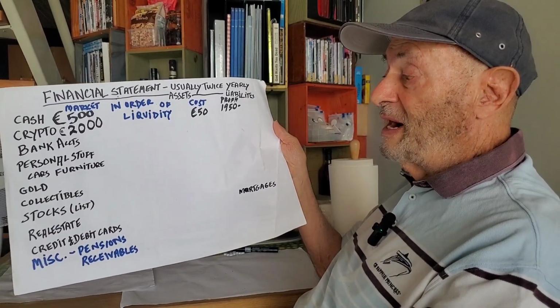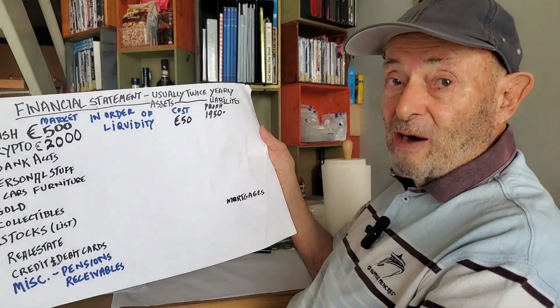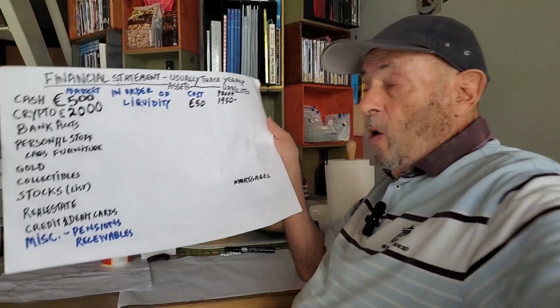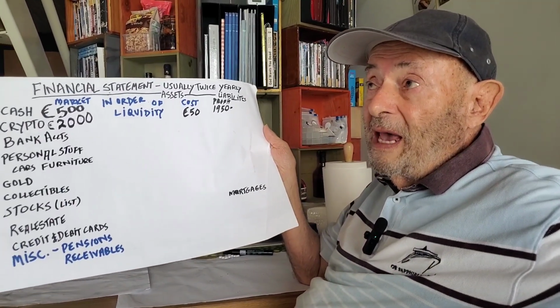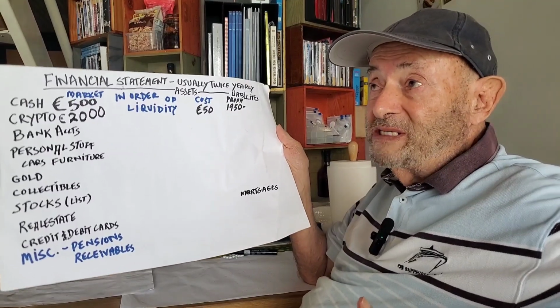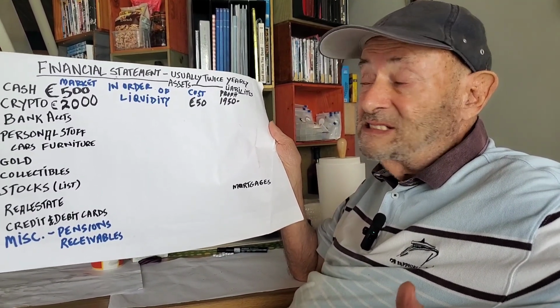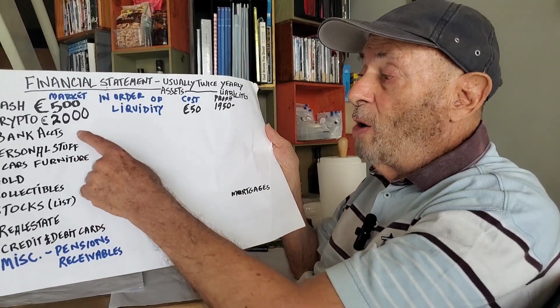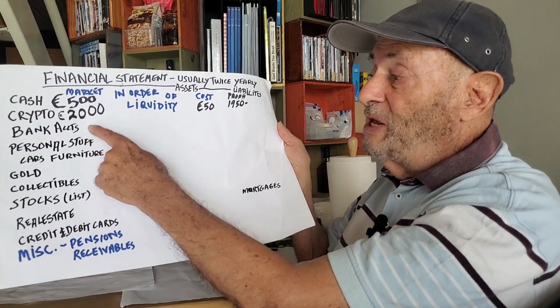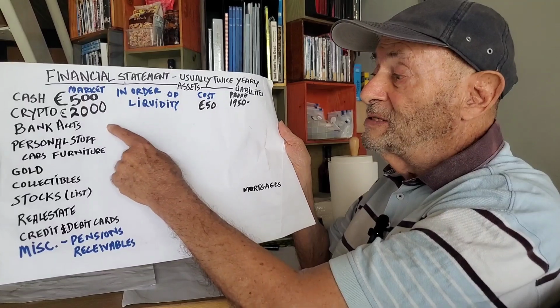Now, the next thing, usually in liquidity, is bank accounts. In other countries than the USA, your bank account may have securities in it, bonds, stocks. But for now, all we're going to do is put in the value of all your bank accounts.